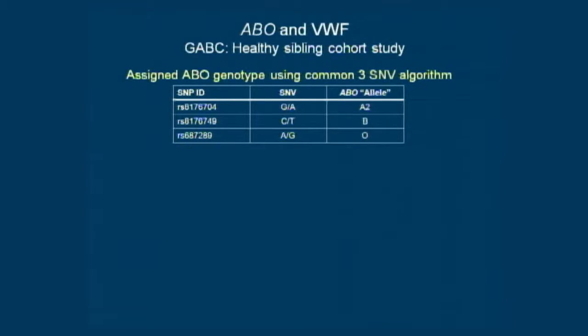Usually you use this one SNP here that is in linkage to an indel in exon 6 of the gene that is the common O allele. And this is what's used in the GWAS that definitively identified ABO to be associated with von Willebrand factor levels in multiple studies. So the reference is A1. If you have this SNP, you're assigned to be A2. If you have this, B, and if you have this, O. And these are both in linkage to indels, which is an important feature.